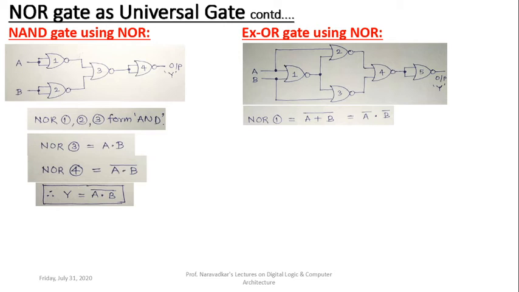Now for the second NOR gate, the output of NOR 1 is one of the inputs and also input variable A. So we want to write the output of the second NOR gate, which comes to be A, the upper input of the second NOR gate, plus A bar B bar, which is the output of NOR 1, and then the whole complement, since it is the NOR operation. That's why the second NOR gate output will be A plus A bar B bar, the whole complement.